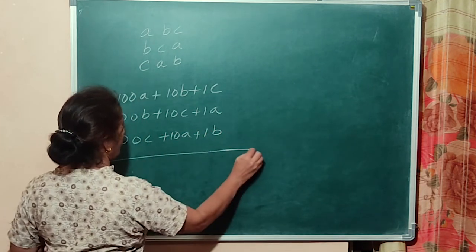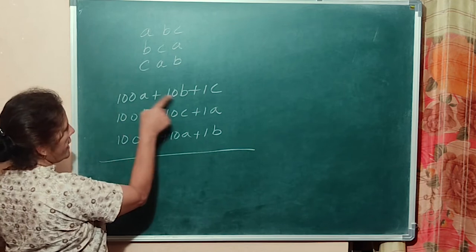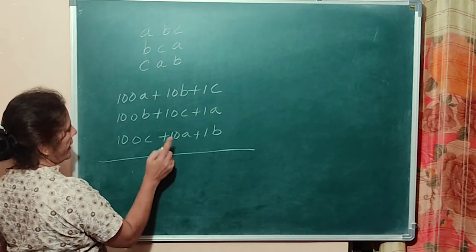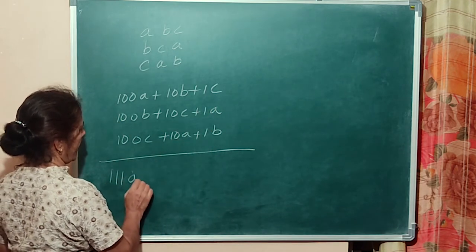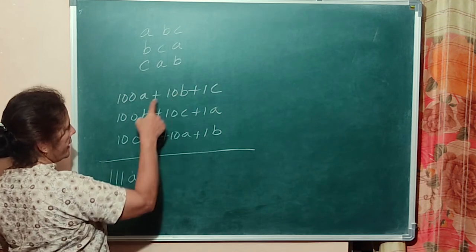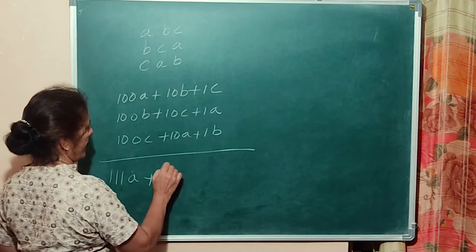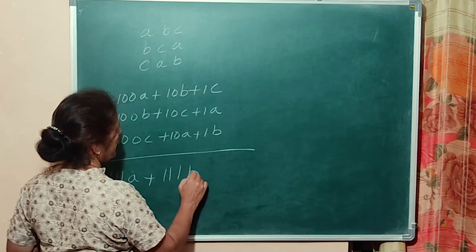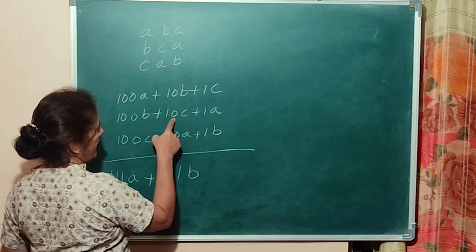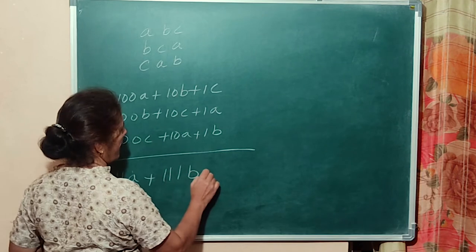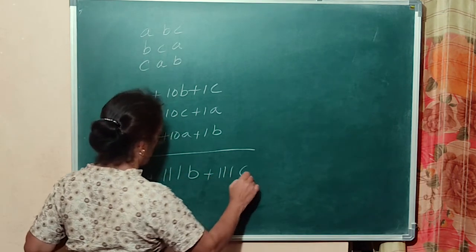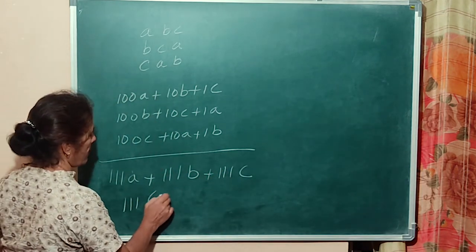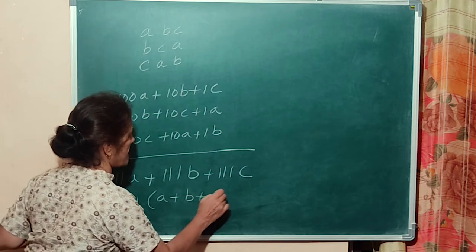So let us add: 100A, 101A, 111A, right? 10B, 110B, 111B. 1C, 11C, 111C. So 111 is common, A plus B plus C.